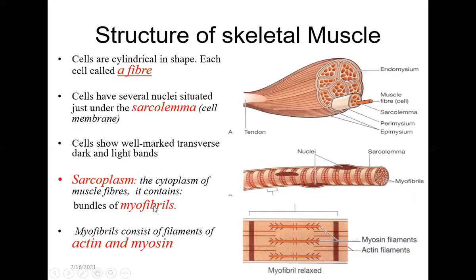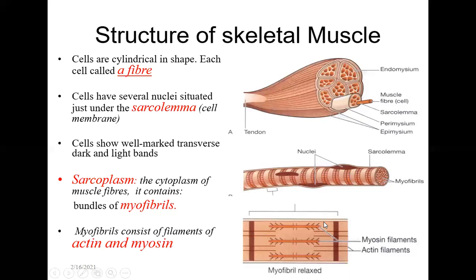It contains bundles of myofibrils. As we saw, each cell will contain multiple bundles of myofibrils. The myofibrils consist of filaments of actin and myosin. If you take a closer look at a small section, this is how it looks. These are the dark bands and these are the light bands.